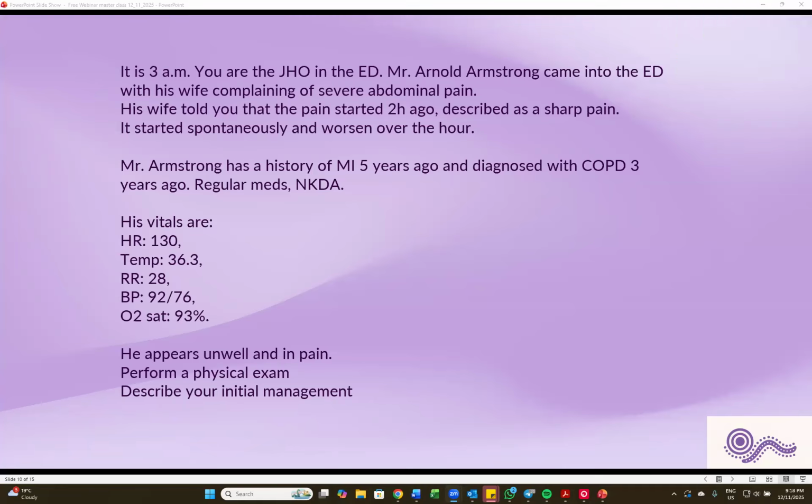Sorry, the task is just physical exam and outline initial management. Correct. When the clock is at 8, you've got to start. Alrighty. They have 20 seconds left.